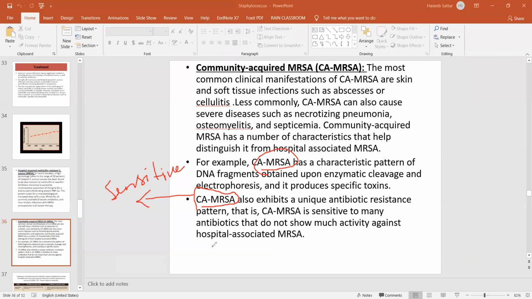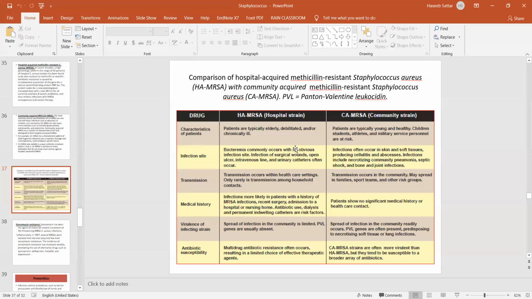While hospital associated MRSA is resistant against all the other antibiotics as well, including methicillin. So this is also one of the differences between community acquired and hospital acquired MRSA infections. I think this table can help you compare these two infections.